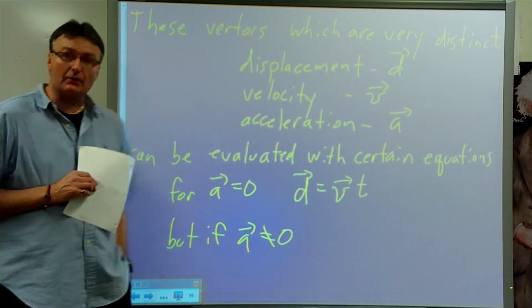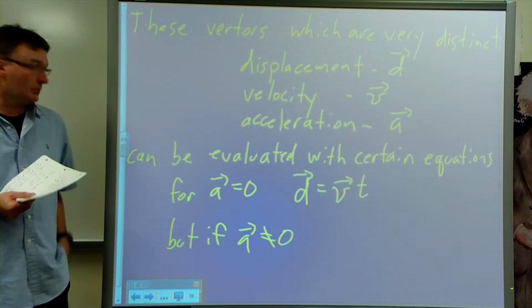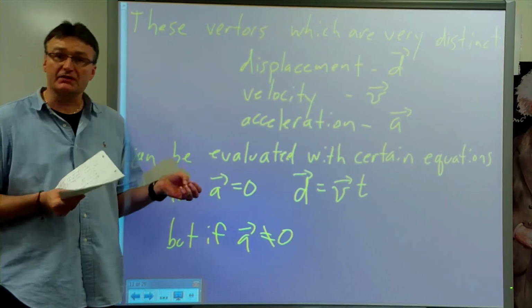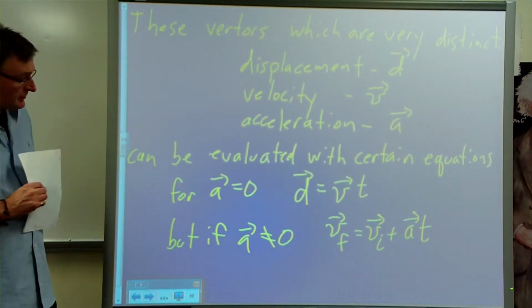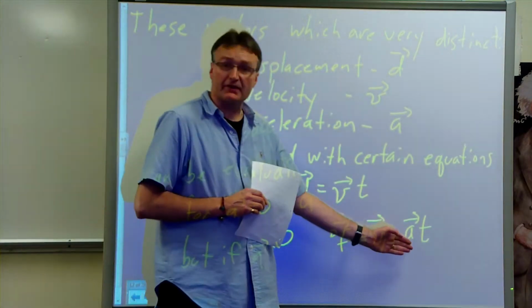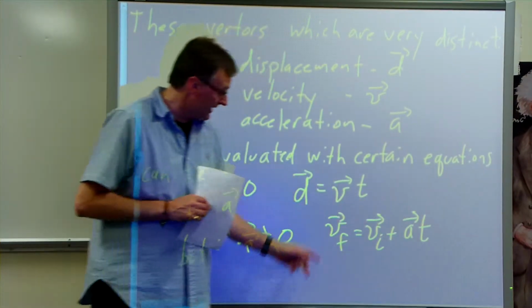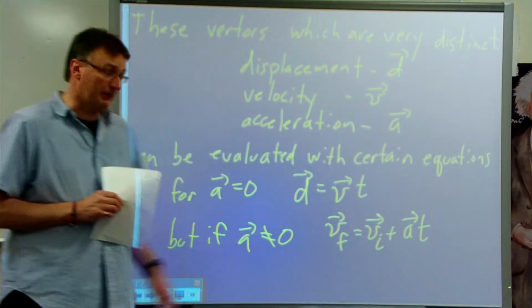When the acceleration is not 0, we will have changing velocities, and we need to account for that. So one equation that we use is this one here. If you have a certain amount of acceleration over a certain period of time, then your velocity is going to change, and this equation reflects that.